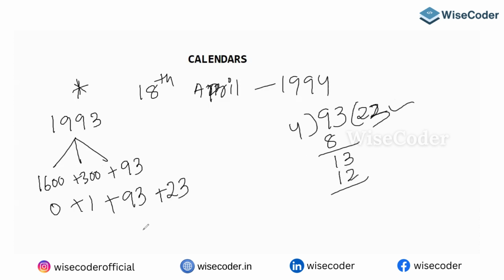Add all the numbers: 94 plus 23. Take out the multiples of 7. 7 threes are 21, I'm left with 2. 7 ones are 7, I'm left with 2.